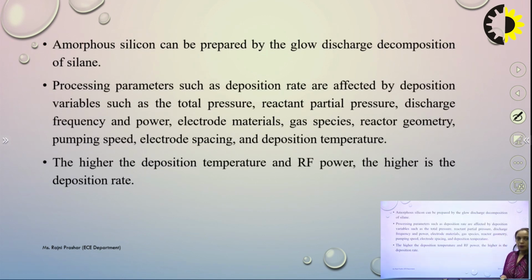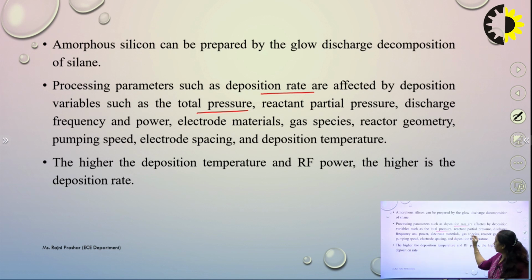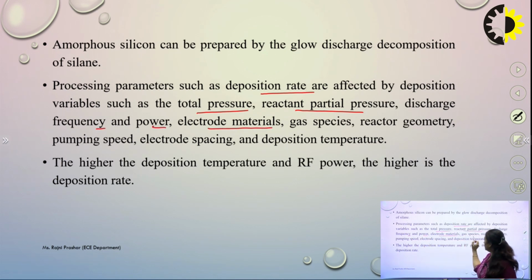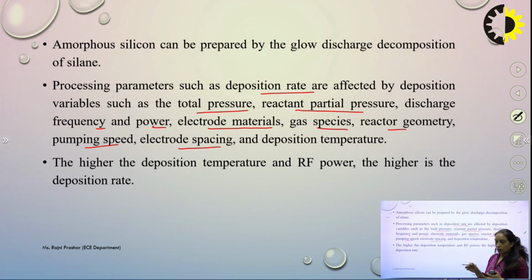Amorphous silicon can be prepared by glow discharge decomposition of silane, and process parameters such as deposition rate are affected by deposition variables such as total pressure. As we have already seen in the last slide, these include deposition pressure, reactant partial pressure, discharge frequency, power, electrode material, gas species, and reactor geometry, as well as pumping speed, electrode spacing, that is, how far the electrodes are spaced to create the glow discharge, and the deposition temperature.